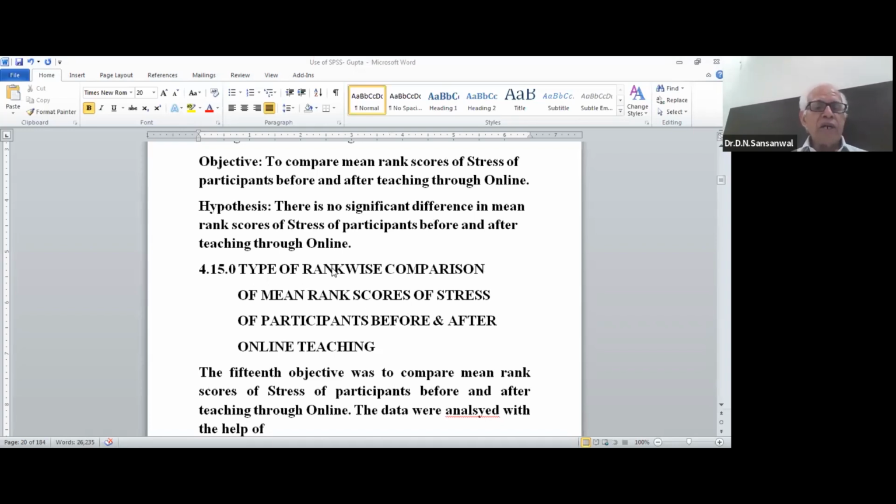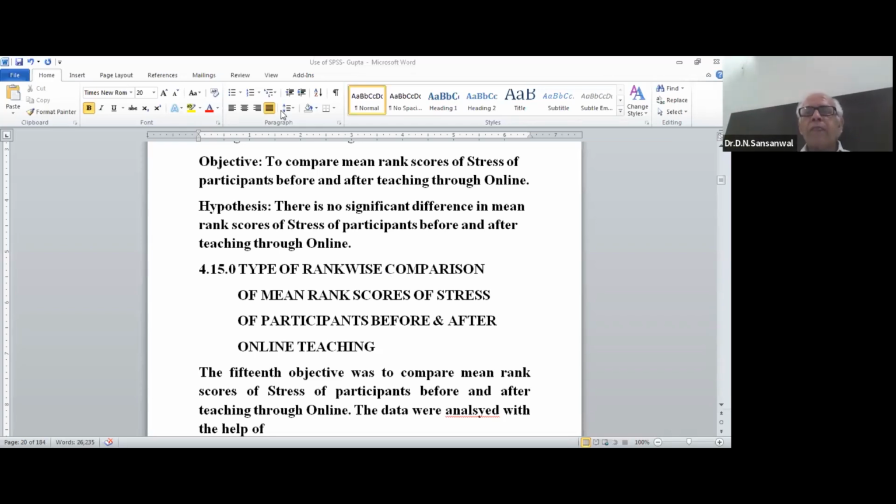Here I have written type of rank wise. We say testing wise because it is pre-test and post-test. So here I have not written testing wise; I have written type of rank wise because we have positive ranks and negative ranks.